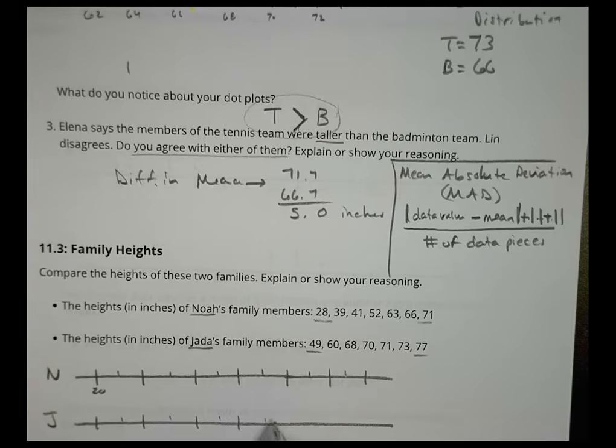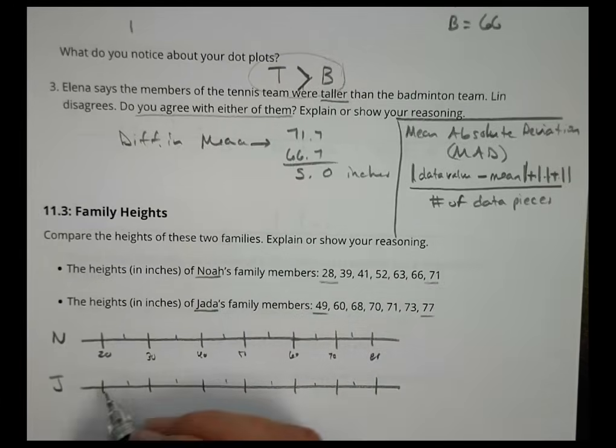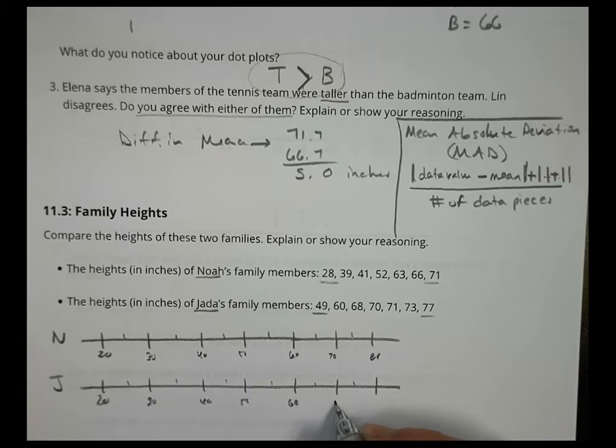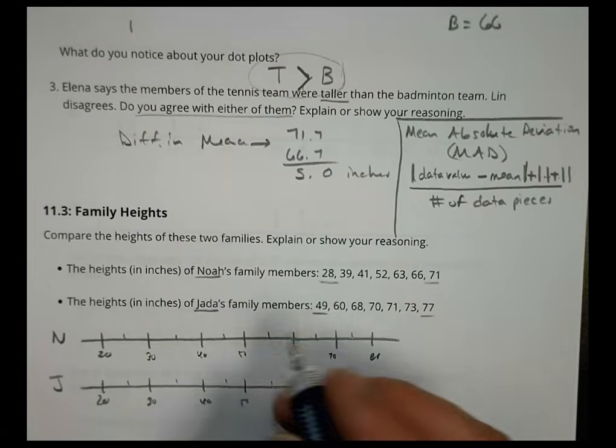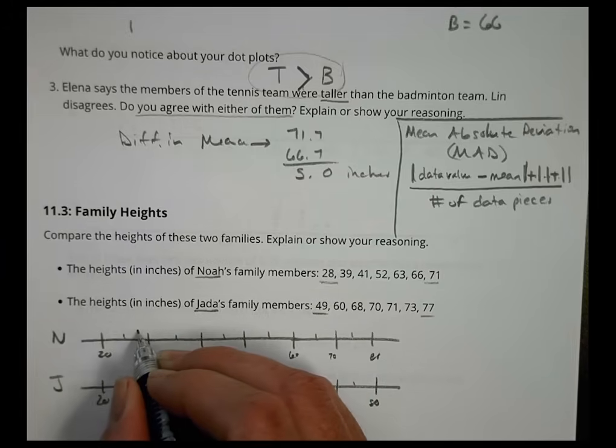Plot these points out. Okay, so 30, 40, 50, 60, 70, 80, and then 20, 30, 40, 50, 60, 70, and 80. All right, something like that. Now we plot out Noah's family. We have a 28, so we'll put that one right about there.